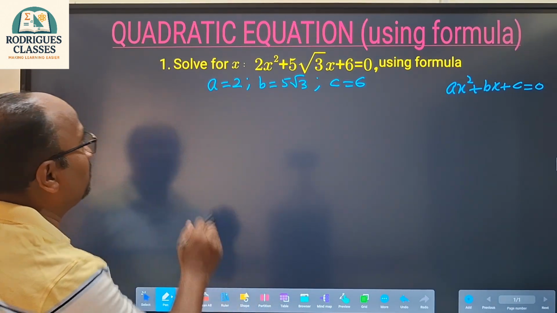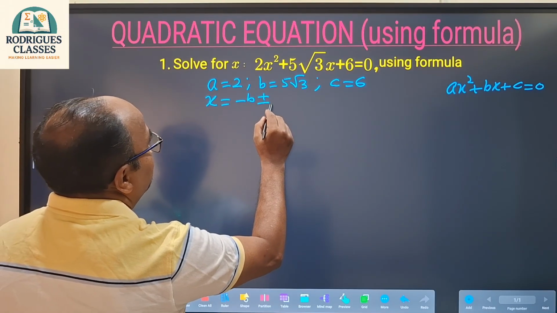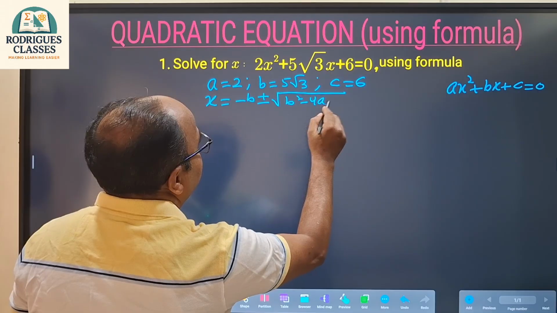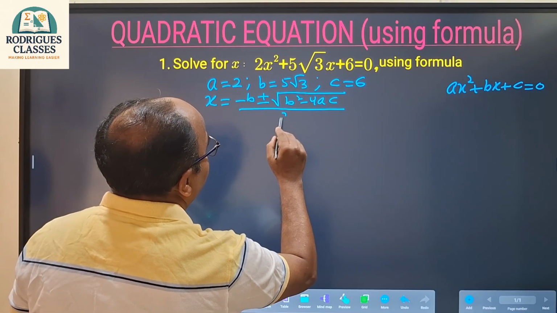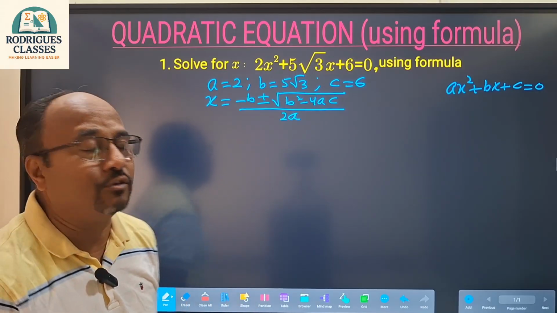So we have written the values. Now let us write the formula, which is x is equals to minus b plus minus root over b square minus 4ac by 2a. So the formula is written. Let us substitute the values properly.